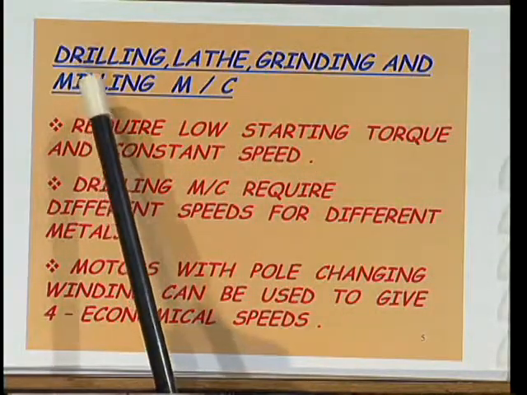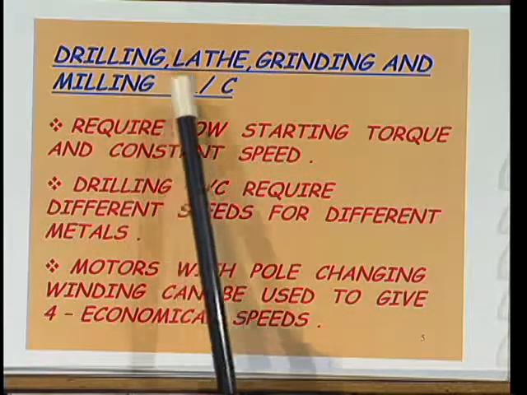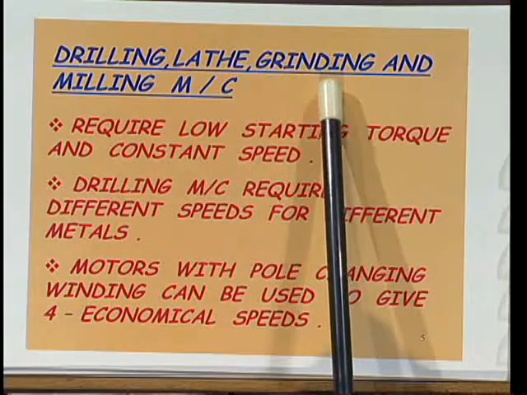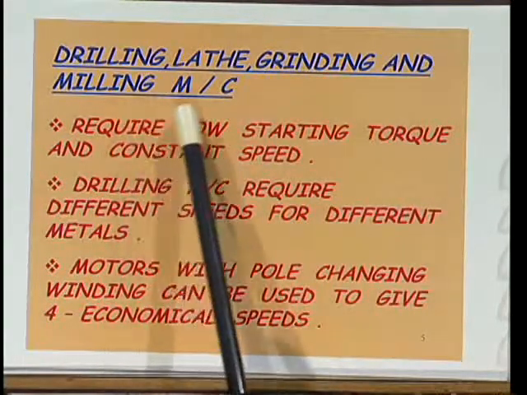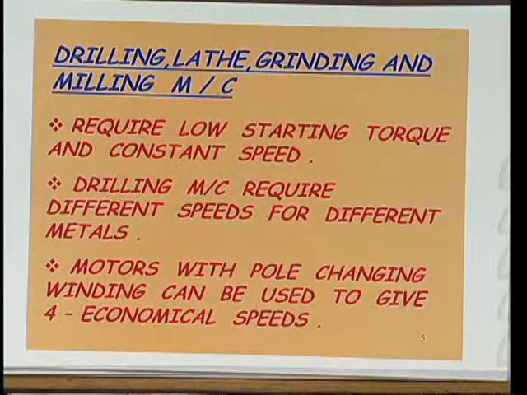The next drive will be drilling, lathe, grinding and milling machine. The main function of the drilling machine is to punch holes on any metal sheet, whether it may be small thickness or larger thickness.